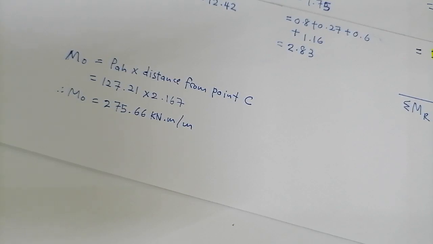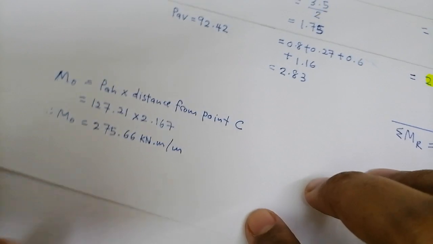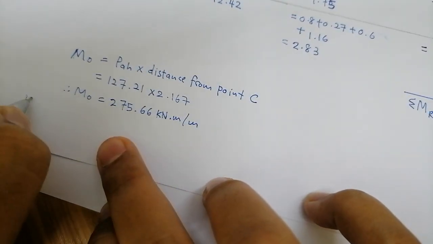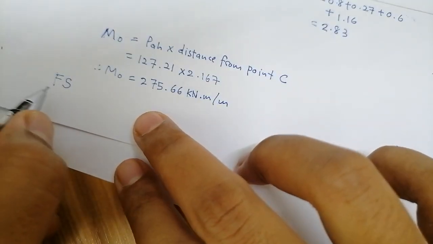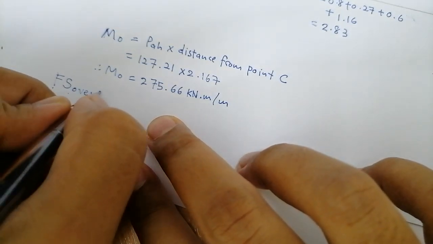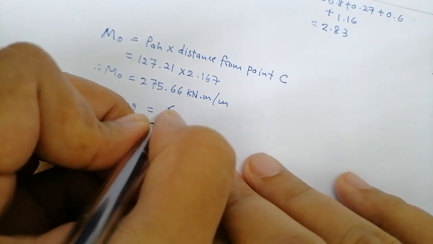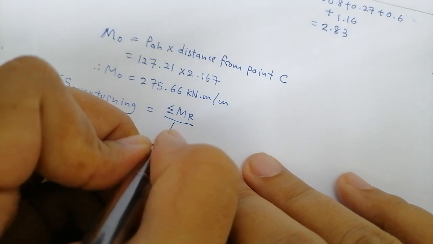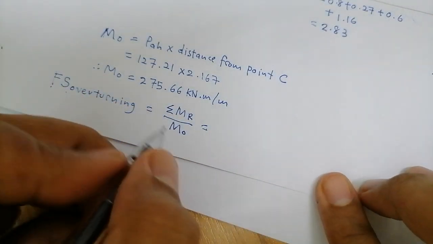All right. So therefore, finally, guys, to calculate the factor of safety against overturning, it is the summation of resisting moment divided by overturning moment. Okay, and then we got both values already.